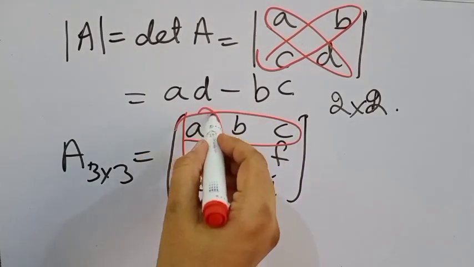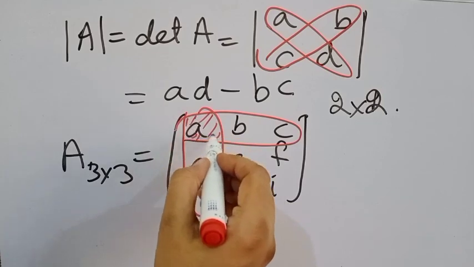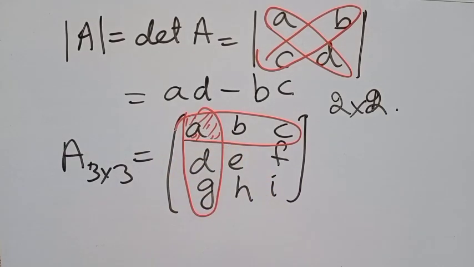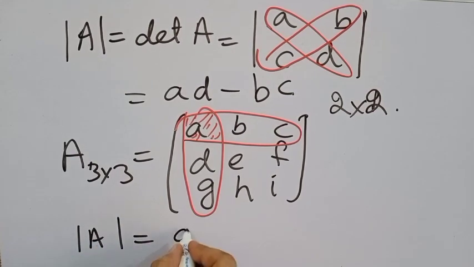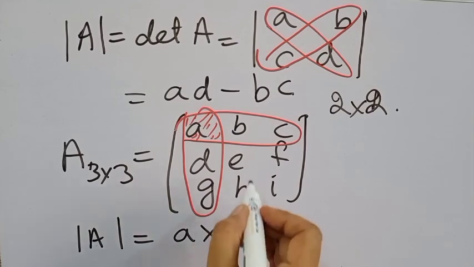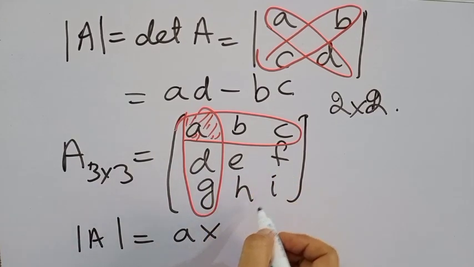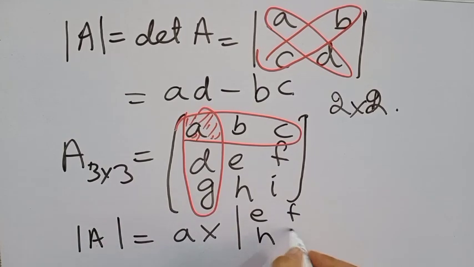We want to multiply a with the remaining elements, excluding the first row and first column. So we can write it as determinant of A is equal to a multiplied by the determinant of e, f, h, i, minus b.